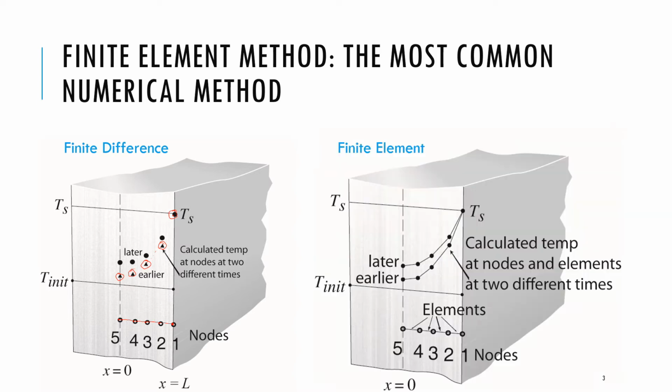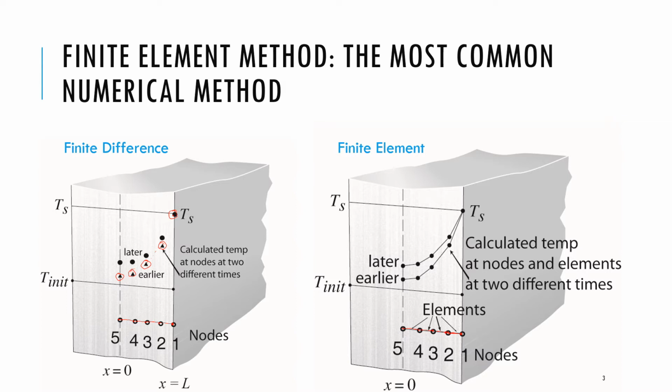In a finite element method, it is analogous. The domain is also divided into nodes, but here it's not the same nodes. Here the nodes and the distance in between, they are together as an element.